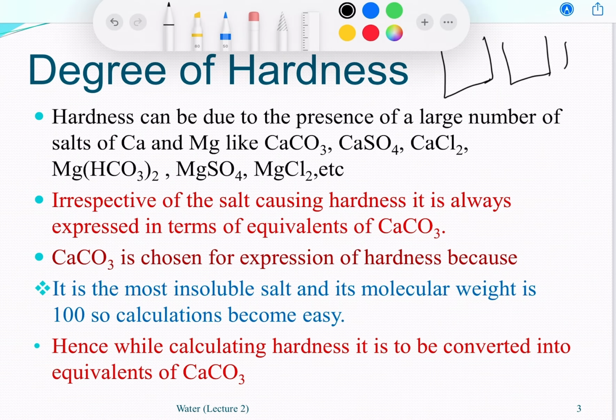Say you have a water sample A, a water sample B, and a water sample C. Say you have 1 milligram per liter of calcium bicarbonate in the first sample, 1 milligram per liter of calcium sulfate in the second sample, and 1 milligram per liter of, say, magnesium chloride in the third sample.